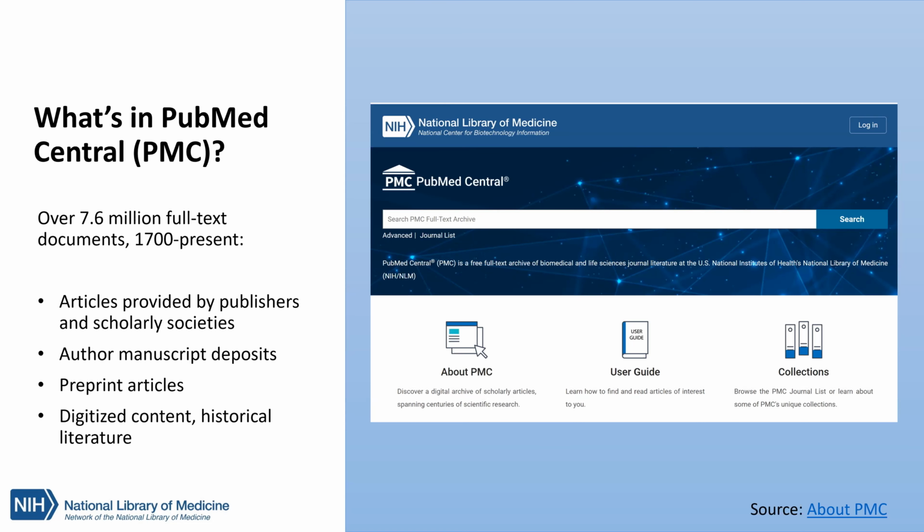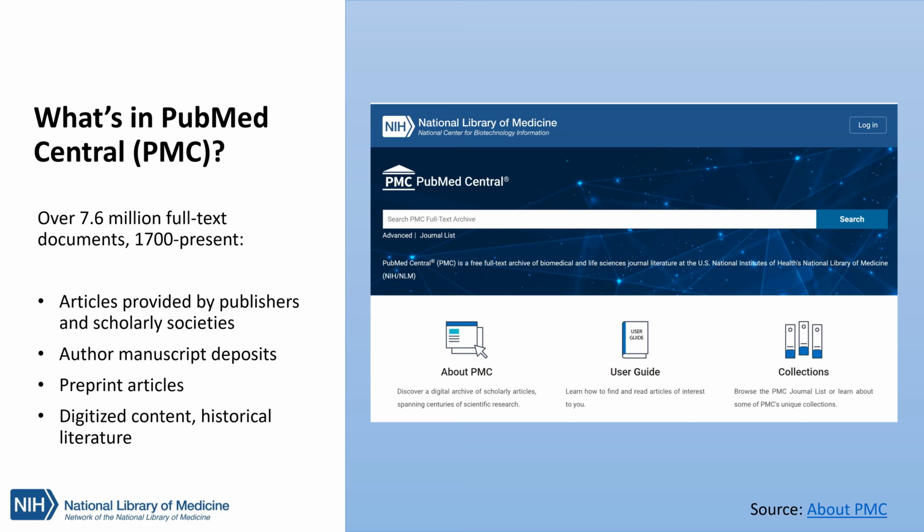So PubMed Central includes 7.6 million full text documents from the 1700s to the present. Content includes articles that have been provided by publishers and scholarly societies, and author manuscript deposits. I mentioned earlier that if a researcher has NIH funding, they're required to submit their article to PMC.